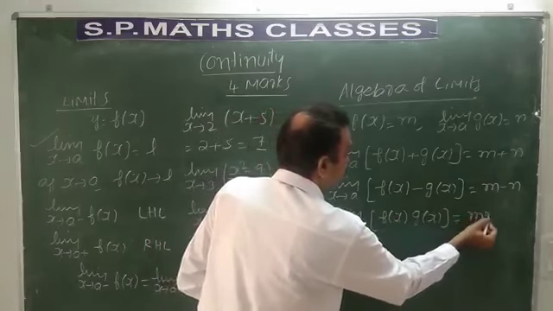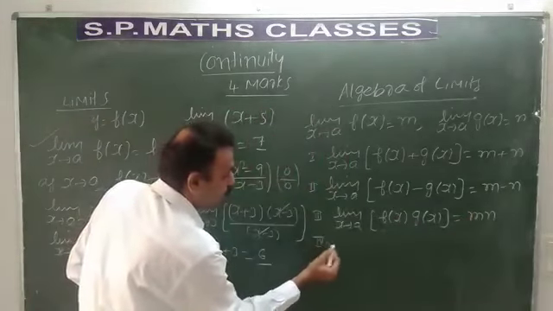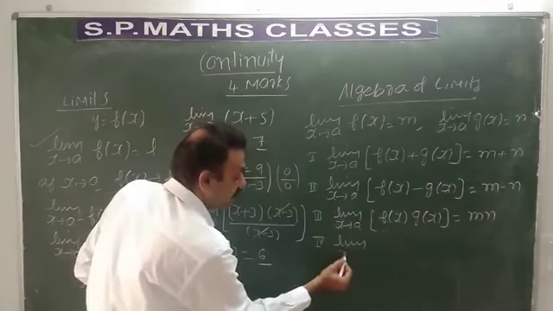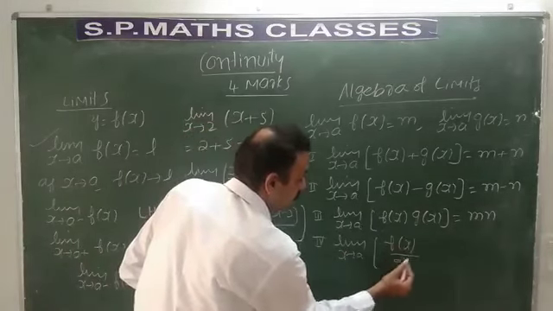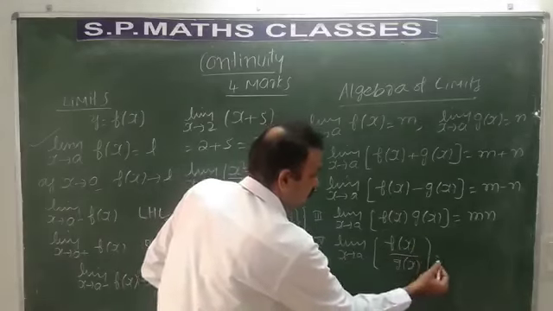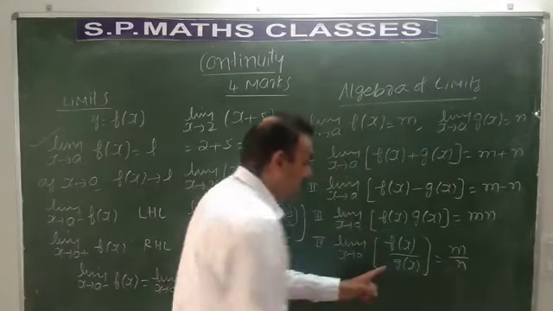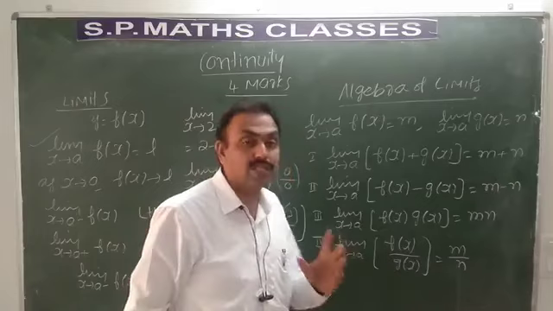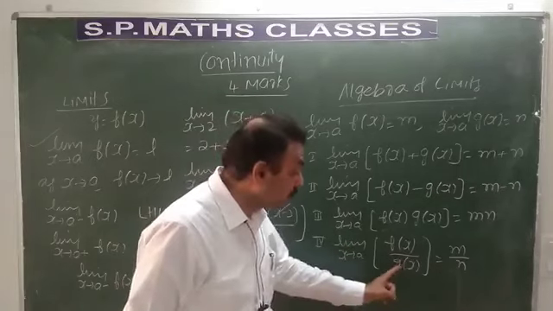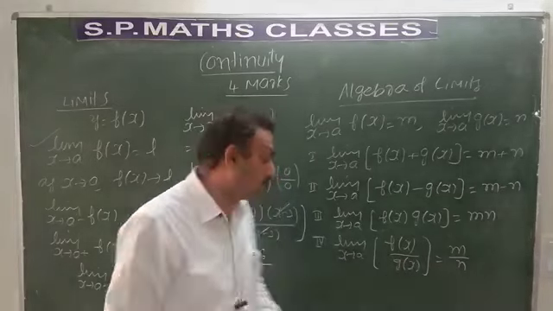This will be m into n. The fourth one, limit as x extends to a, f of x divided by g of x. This will be m by n, where limit as x extends to a, g of x is not equal to 0. Suppose it becomes 0, then it is not at all defined.